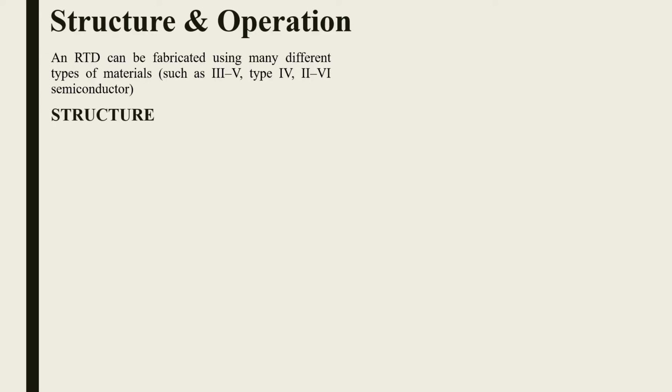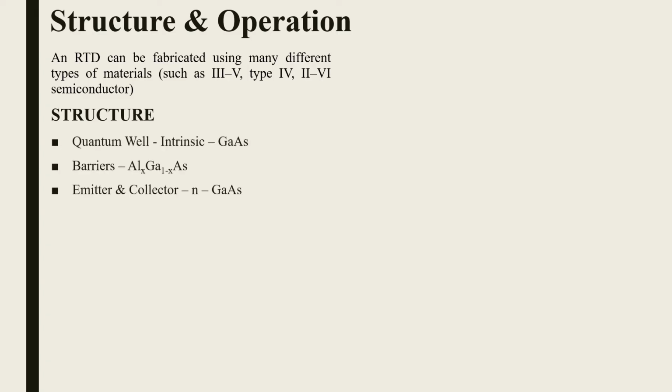Let us look at how this structure is actually formed. A typical structure is made up of N-type gallium arsenide for the regions to the left and right of both barriers, intrinsic gallium arsenide for the well region, and aluminium gallium arsenide for the barrier material.